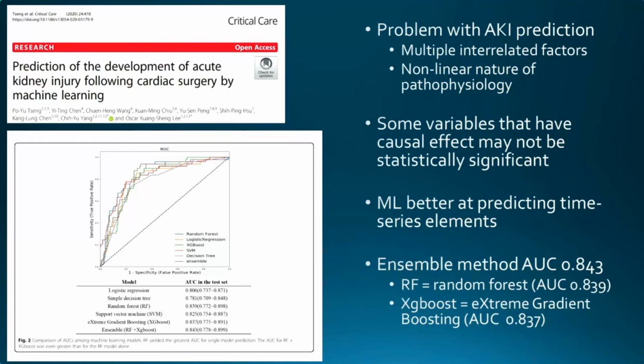Probably the best method for predicting acute kidney injury, according to this paper, is what they call an ensemble method. It's a method of combining random forest plots with extreme gradient boosting. However, random forest plots and XGBoost are very similar in their ability to predict acute kidney injury.